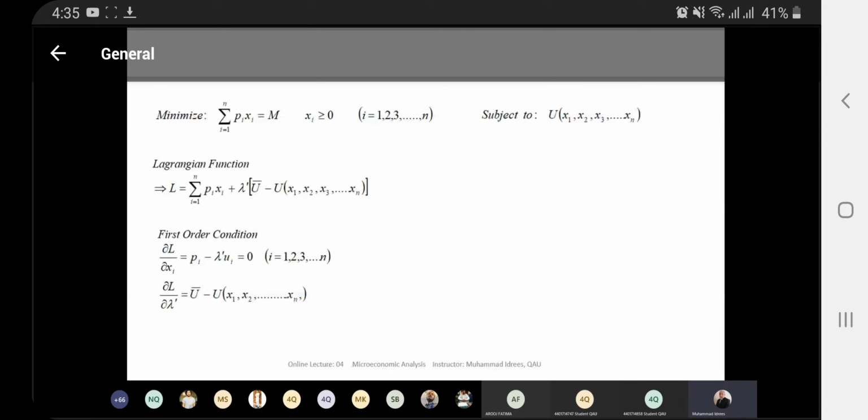Because here we are going to minimize the expenditure. So these demand functions will be expenditure minimizing, not utility minimizing. And these demand functions will be those at which the utility level will be the same, because utility is held constant.